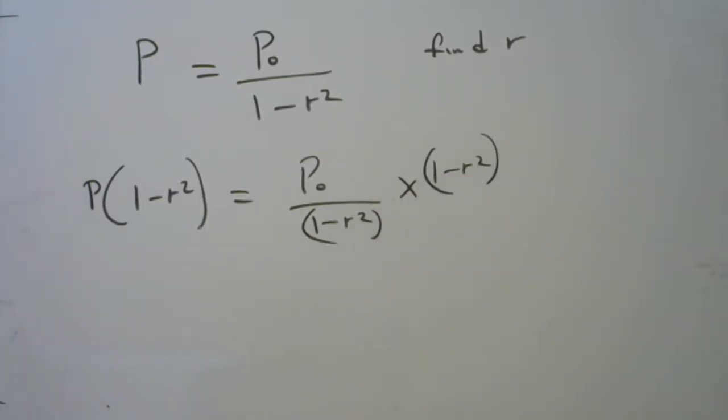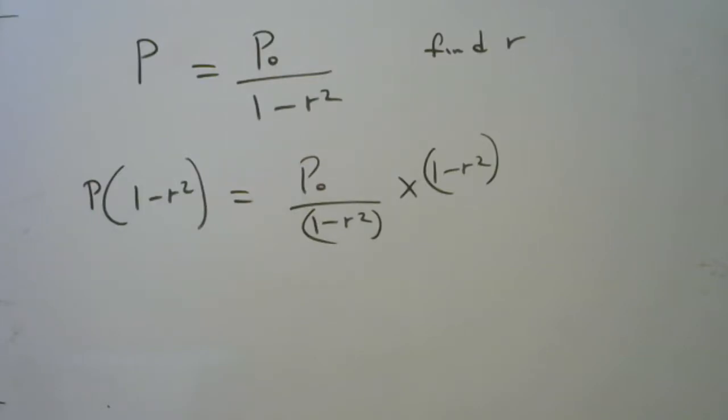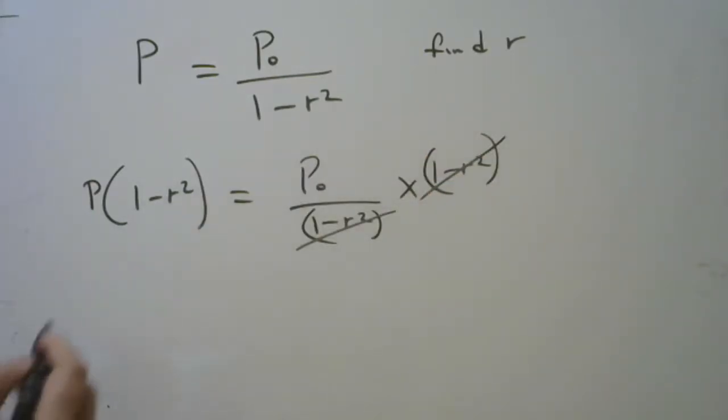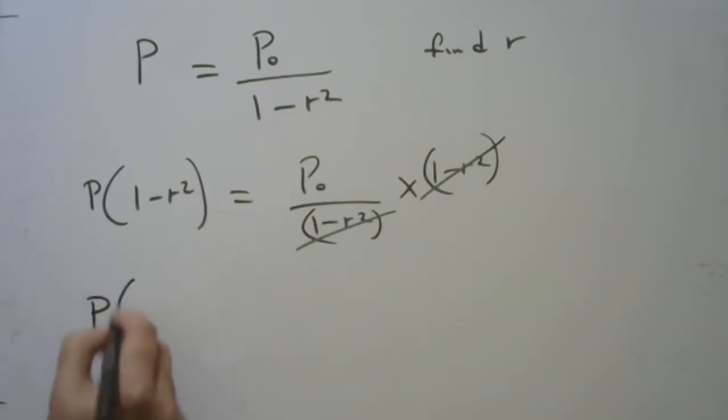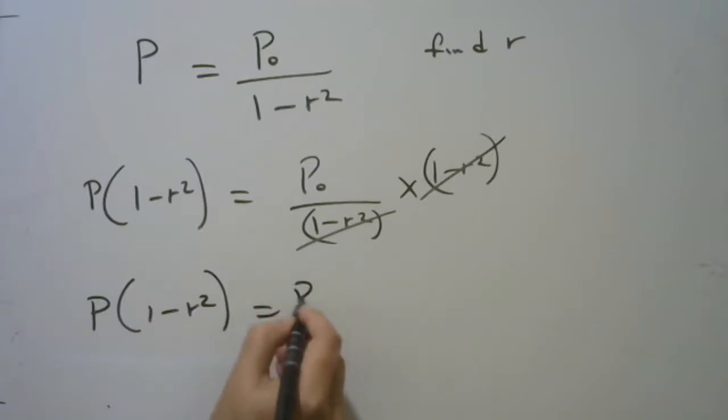Basically, I multiply both sides by whatever is in the denominator here. This and this cancel. So now I have P into 1 minus R squared equals P naught, right?